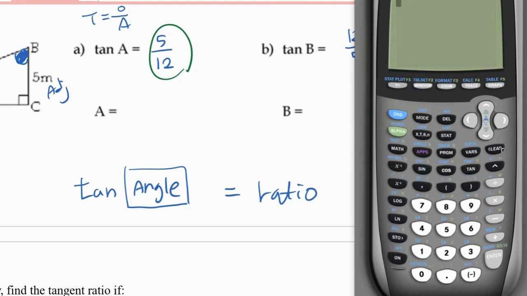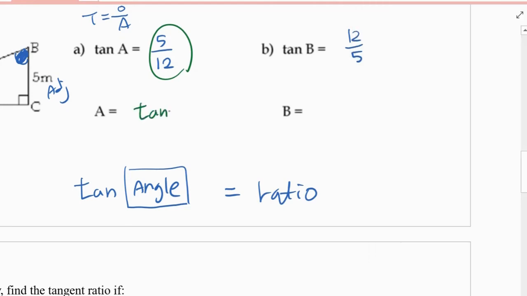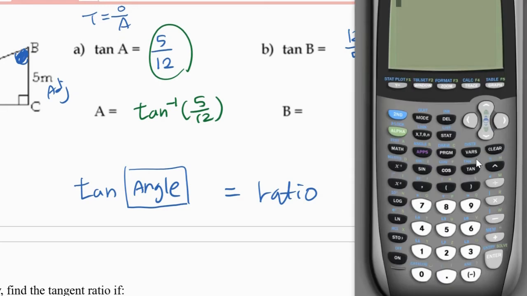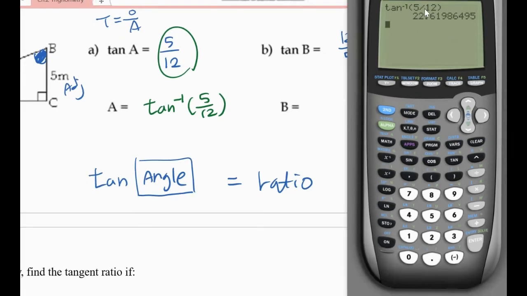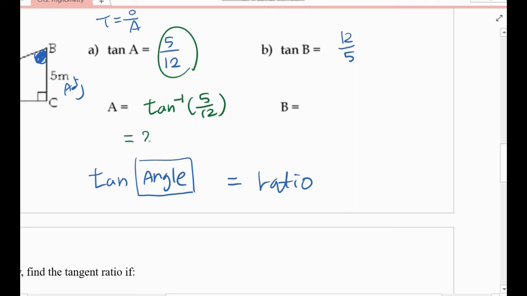So angle A is inverse tangent of 5/12. The inverse tangent button is over here: second, inverse tangent, 5/12, bracket. That is 22.619. Let's round it to the second decimal place. That is 22.62. So the angle is 22.62.